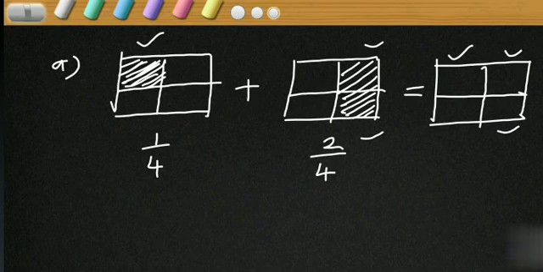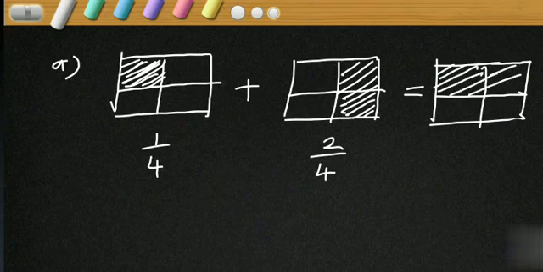So together, how many boxes have to be shaded in the answer? Yes, we have to shade 3 boxes, isn't it? So let's try to shade the required boxes. So we got the figure of the answer like this. The figure corresponding to the answer is obtained now.